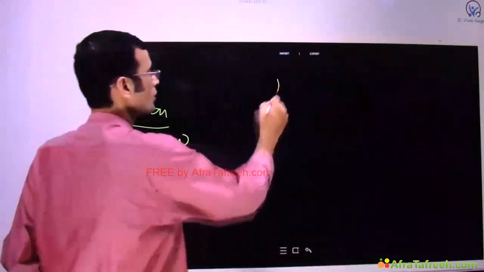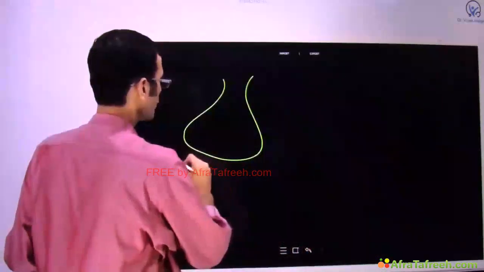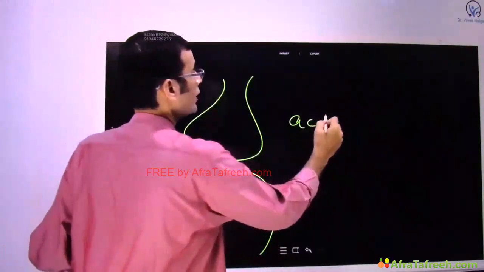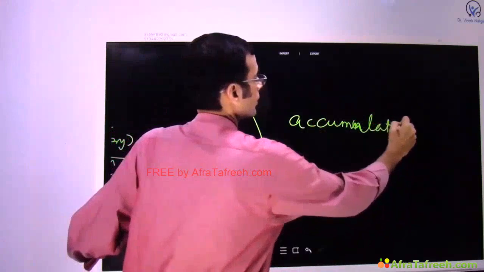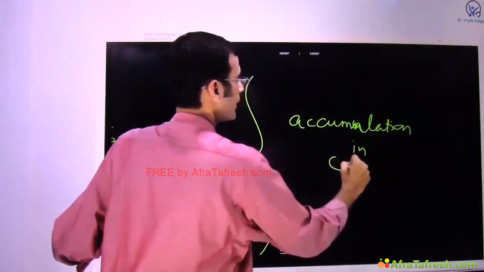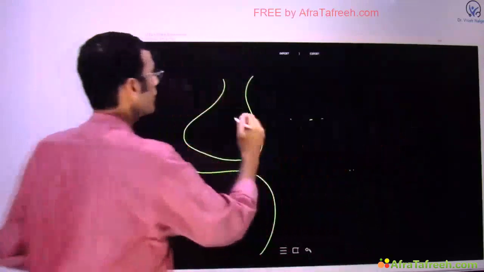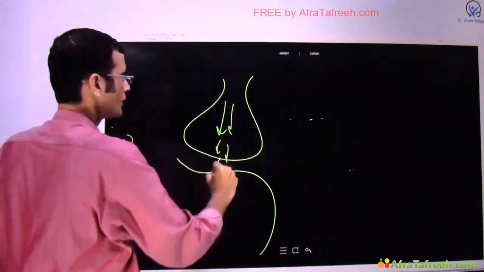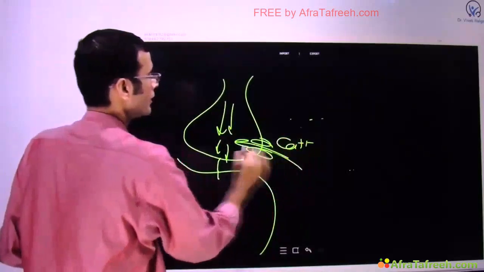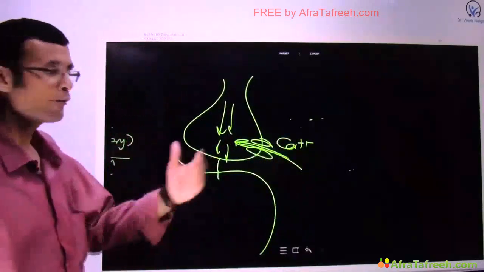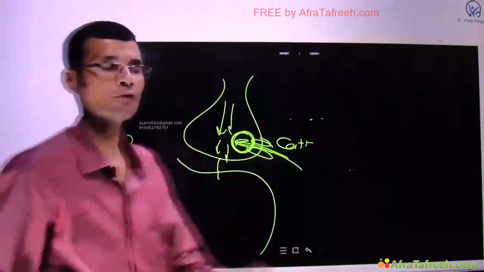And why is transmission enhanced? That's because of accumulation of calcium in the presynaptic terminal. You see, with the repeated high frequency stimulation of the synapse, with each impulse the calcium keeps coming in, and therefore this calcium is accumulated in the presynaptic terminal for some time.